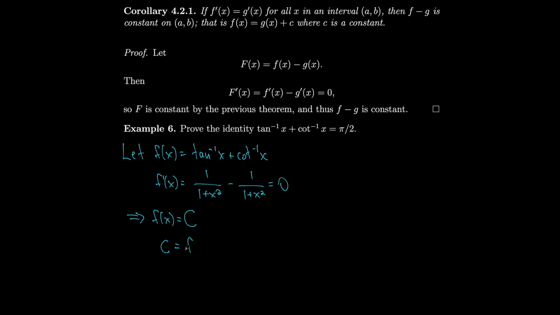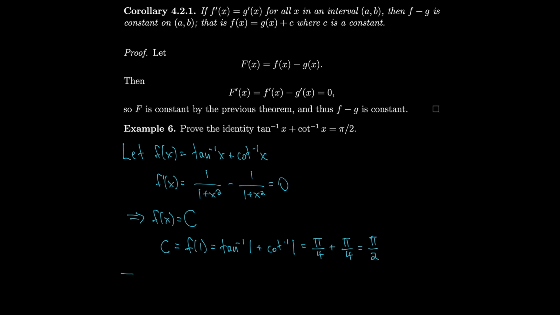So let's plug in 1 for x, because that's easy for us to evaluate. So f of 1 is tan inverse of 1 plus cotangent inverse of 1. So they both have the same value, because that's when sine and cosine are equal, so it doesn't matter the order you divide. So that's pi over 4 plus pi over 4, which is pi over 2.